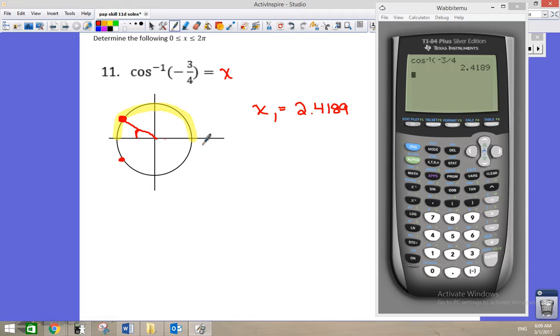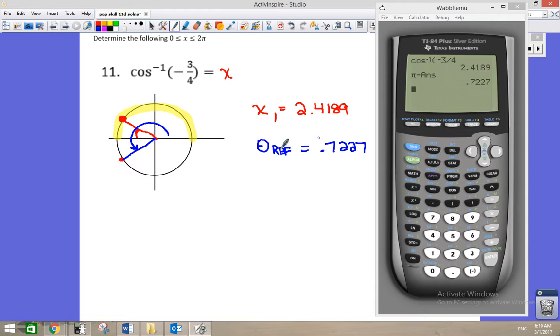Now, right here is its reference angle. So if I take pi minus this answer, I have a reference angle, and I can use this reference angle to get this other angle that I want to get to this other point.